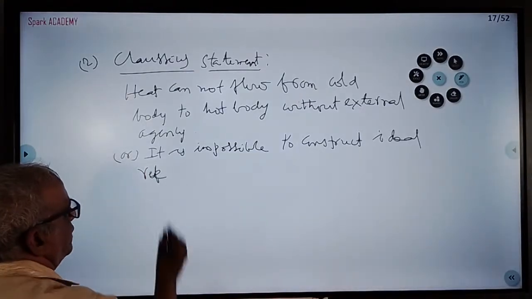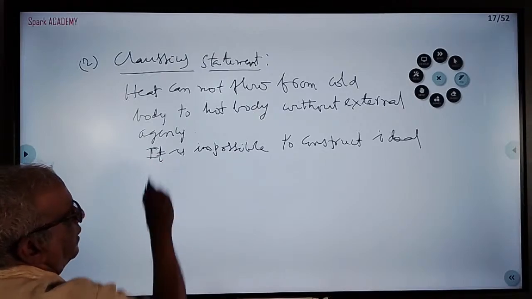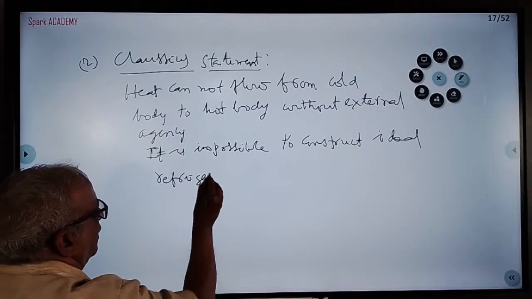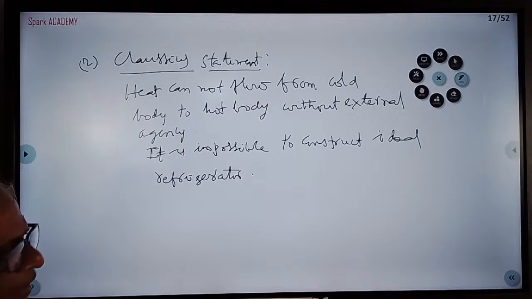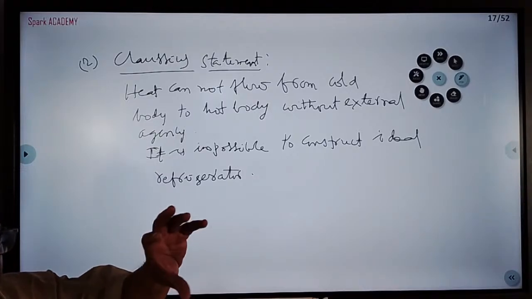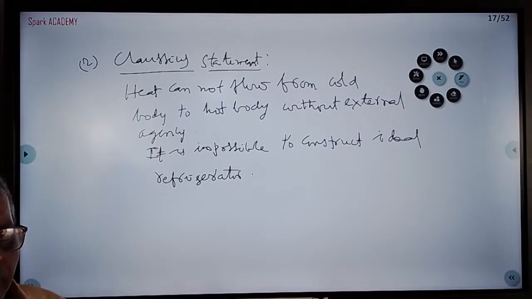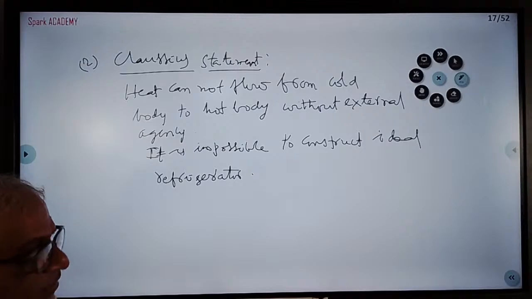In a refrigerator, it is impossible to construct an ideal one. If you are keeping items, they become cooler and cooler, and you keep them to save the food items. This is called the Clausius statement. This will carry 2 marks, students.